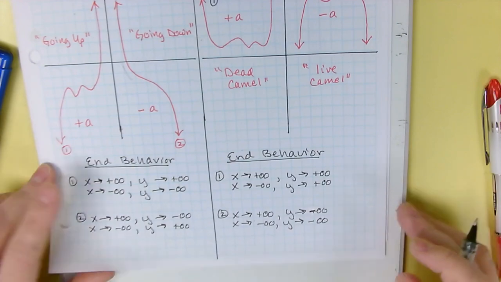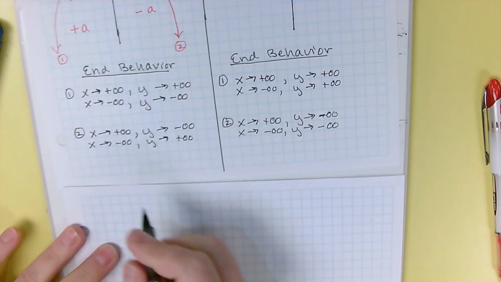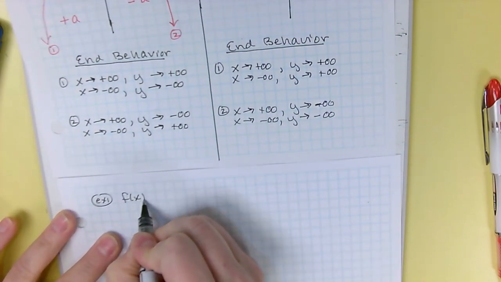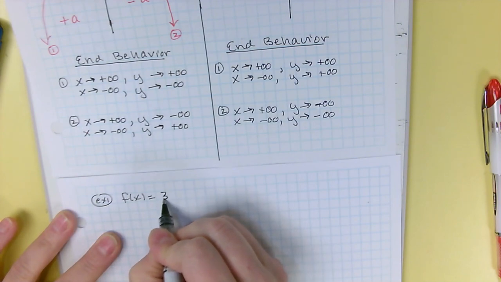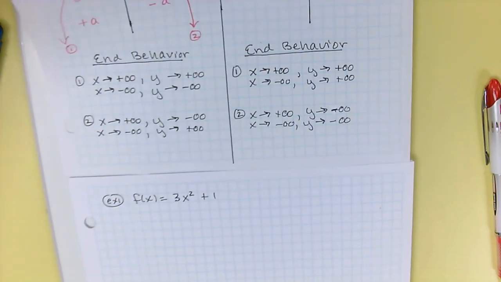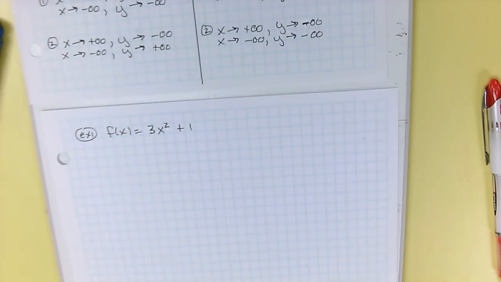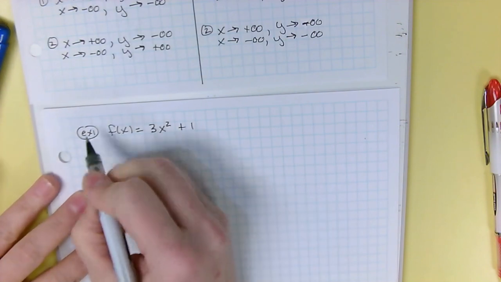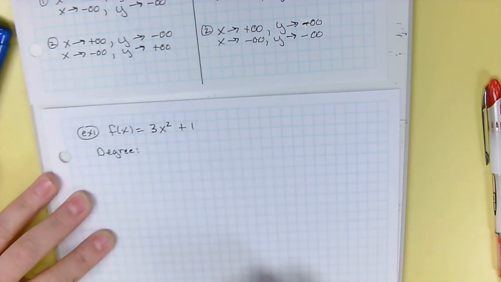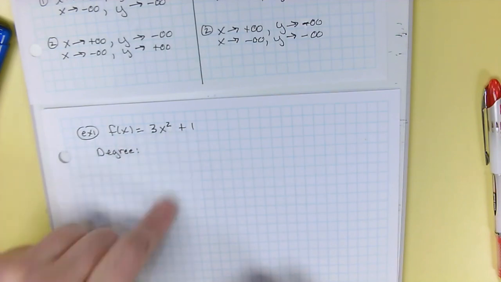Okay, so let's do an example using what we just learned. Let's say f of x equals 3x squared plus 1. And when you have it in standard form order, the degree is typically based on the first term. So in my very first term, it's an x to the power of 2.